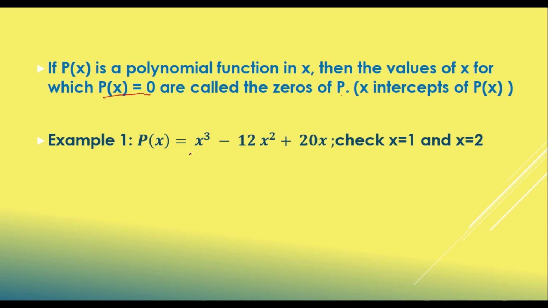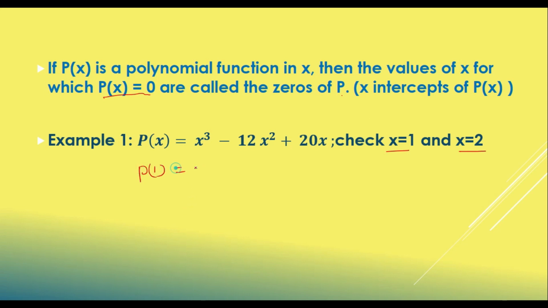Example: p of x is equal to x cube minus 12x square plus 20x. We want to check which one of the given values, x is equal to 1 or x is equal to 2, is a zero of p of x. So substitute x is 1 here and check the value of p of 1.